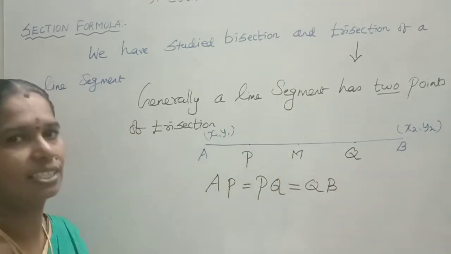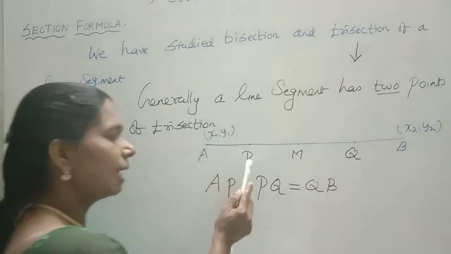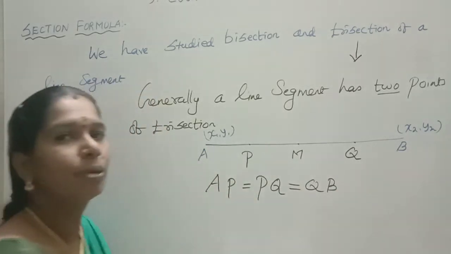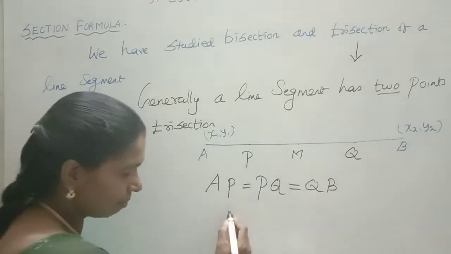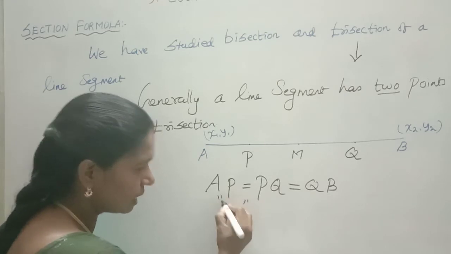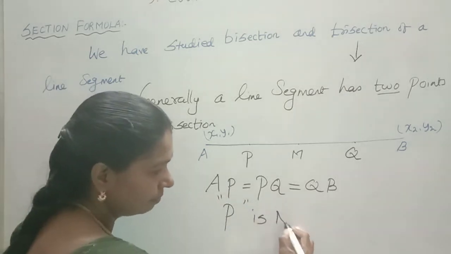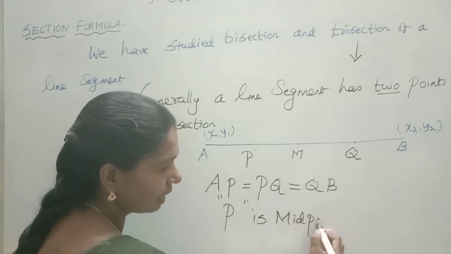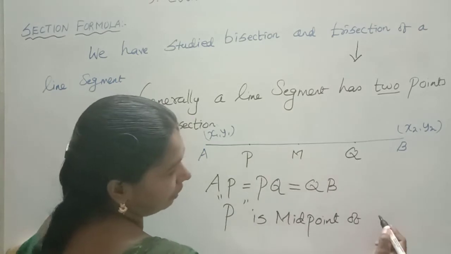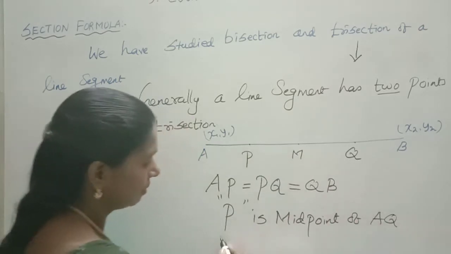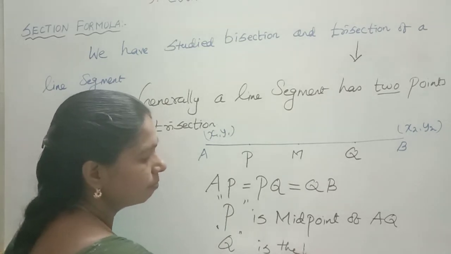It is trisected. Tri means what? 3, very good. After trisection we will have AP, PQ and QB, each one third. Which is the midpoint here?